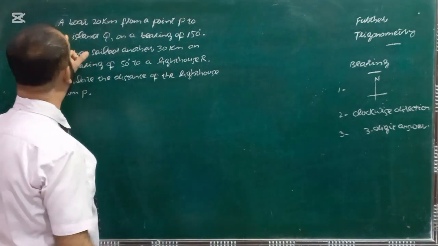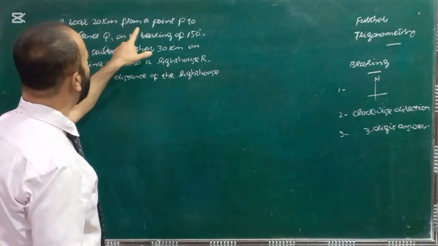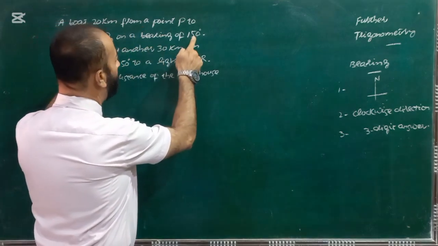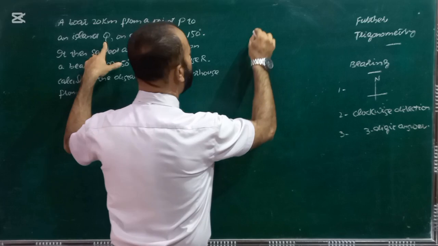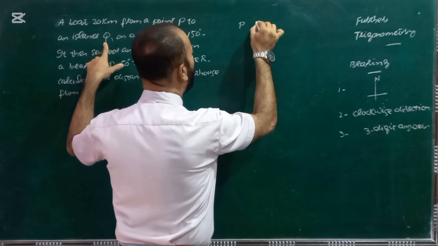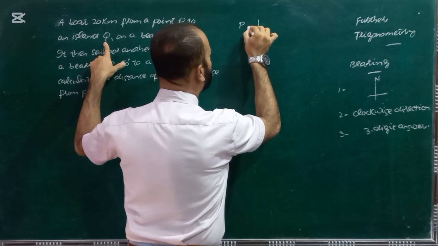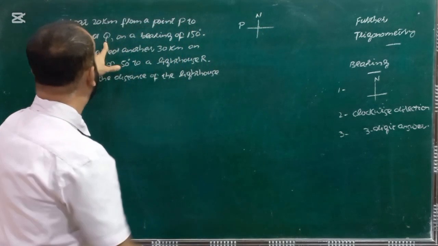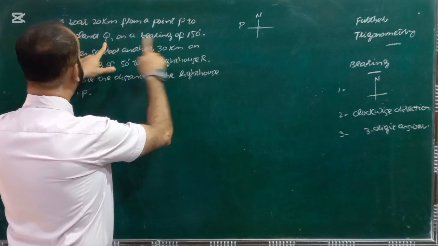So look now, a boat sailed 20 kilometers from a point P to island Q at a bearing of 150 degrees. So this is the key point. So suppose here is P. So here is north direction. So the bearing is 150 degrees.